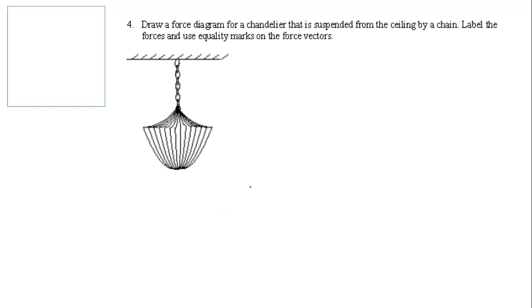Force diagram for the chandelier. Suspended, not moving. Okay, so my system is the chandelier. What have we got? We've got gravity's, I can't spell chandelier fast, so I'm going to say on light by Earth.